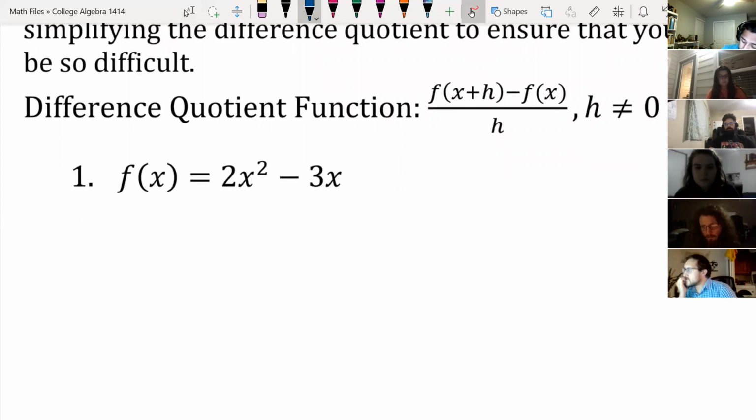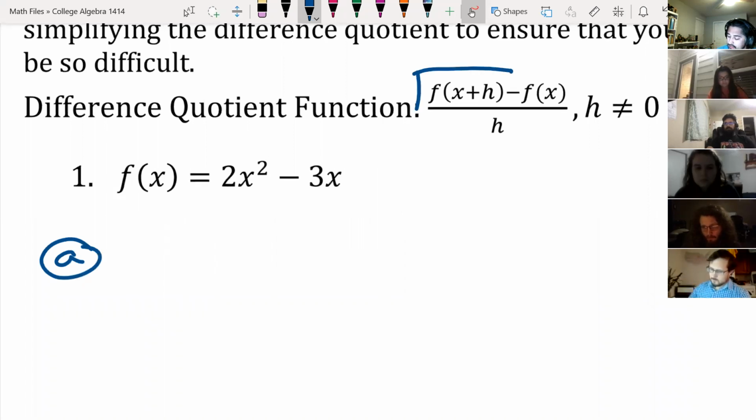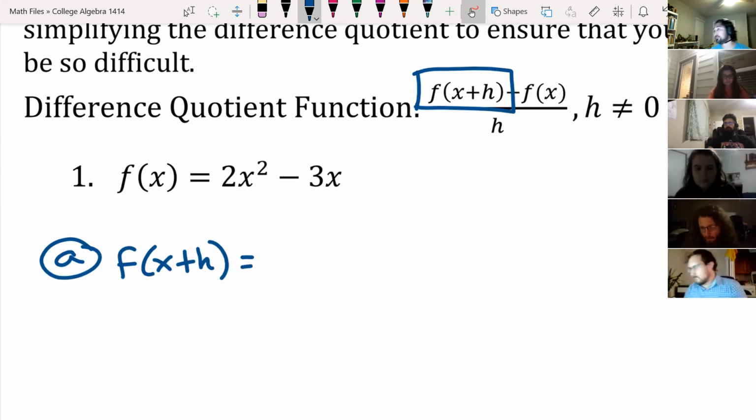So what we're going to do is call this step A. The first step we want of the difference quotient function is to find f of x plus h. So we're going to look for f of x plus h.